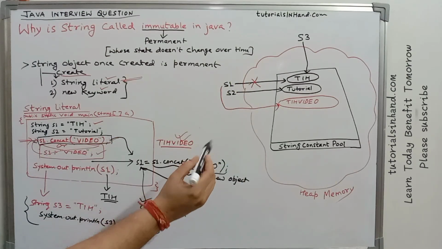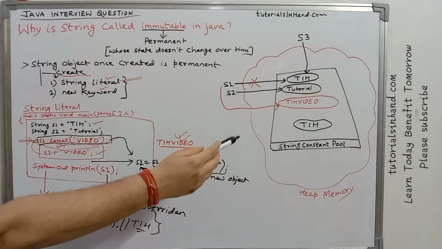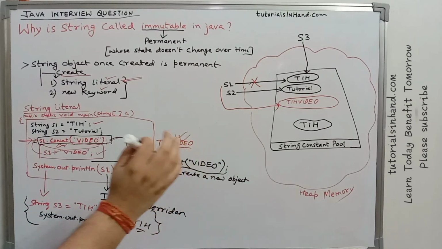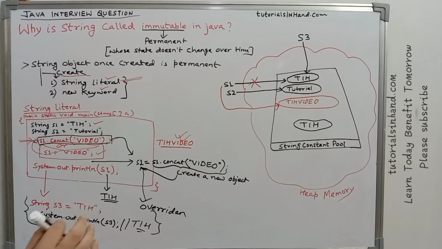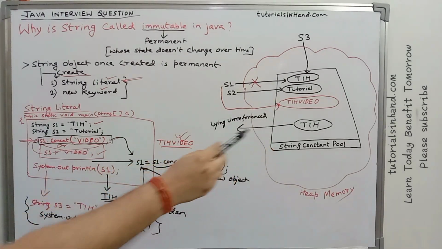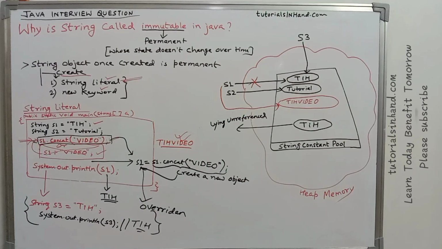Suppose that is the case again. Suppose this TIH object is still lying unreferenced. It is just for assumption because I am trying to explain something different. So that TIH that you see below is lying unreferenced. In that case, this TIH is eligible for garbage collection.